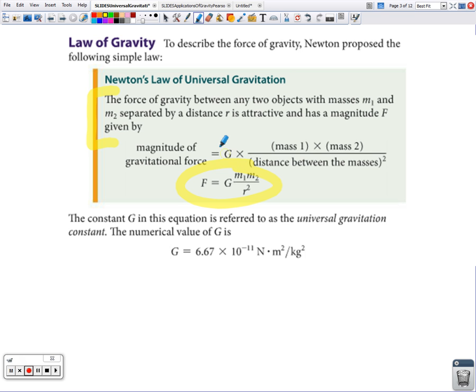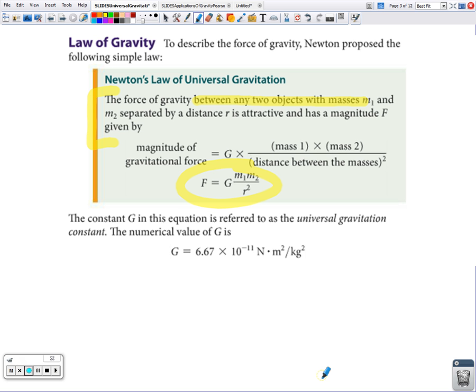The idea that Newton realizes about gravity is that it is not something specific to us here on Earth. At that point, in Newton's time, our only experience with gravity was the gravity here on Earth.